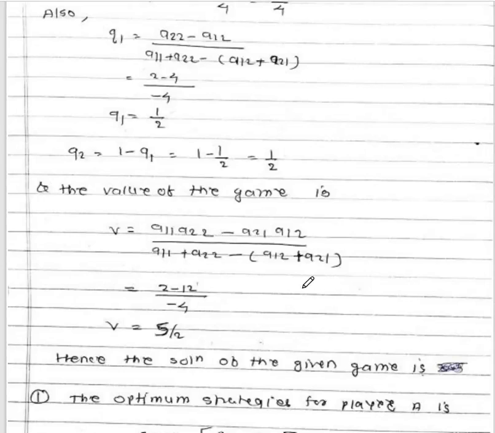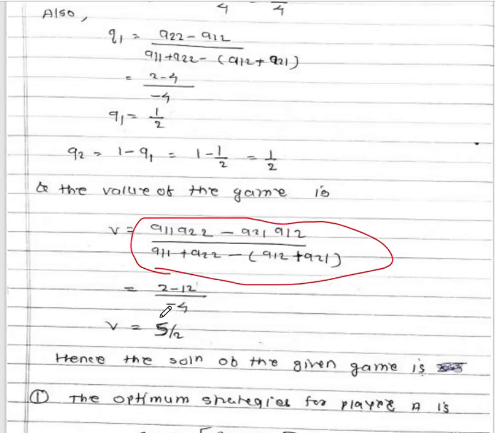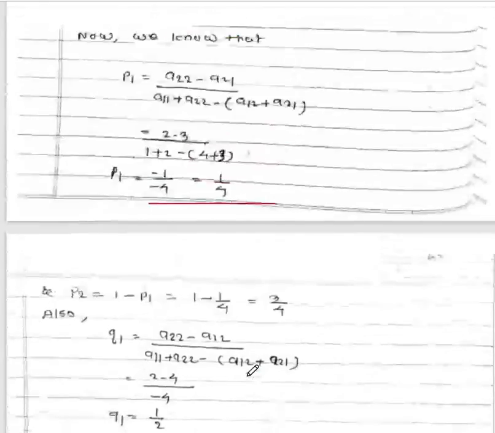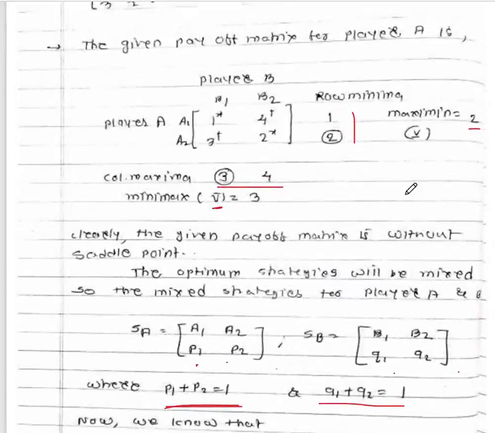Putting in all the values from the given payoff matrix and calculating, we get the value of the game V as 5 by 2. This lies between 2 and 3.